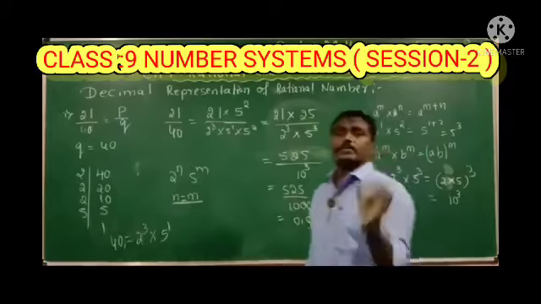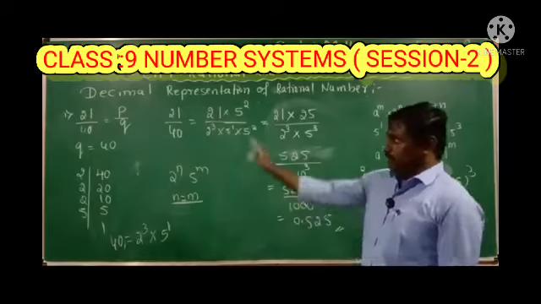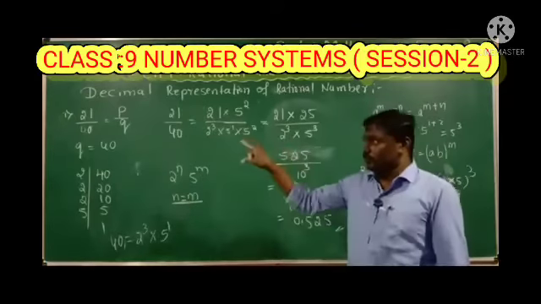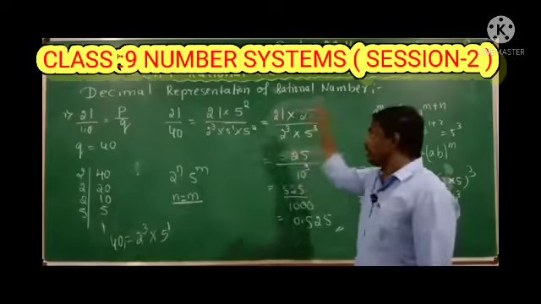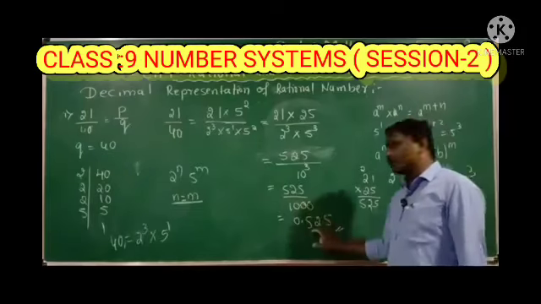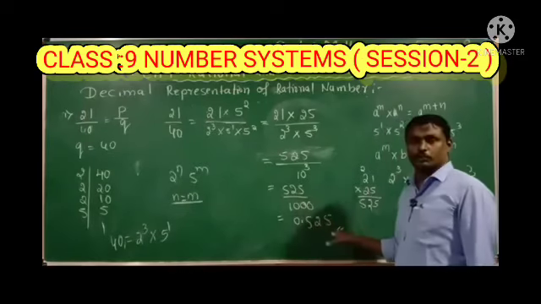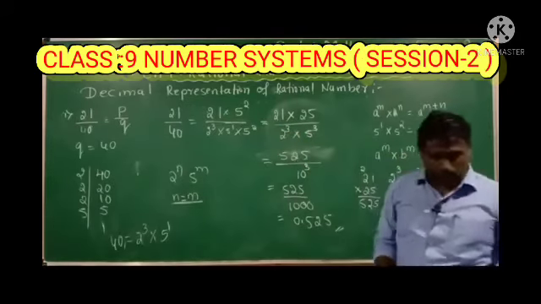This will make the calculation simple. Okay. In this method, we are not dividing 21 by 40. With the help of the prime factorization and the exponential laws, we will simplify and find the decimal expansion of the given number, that is 21 by 40.